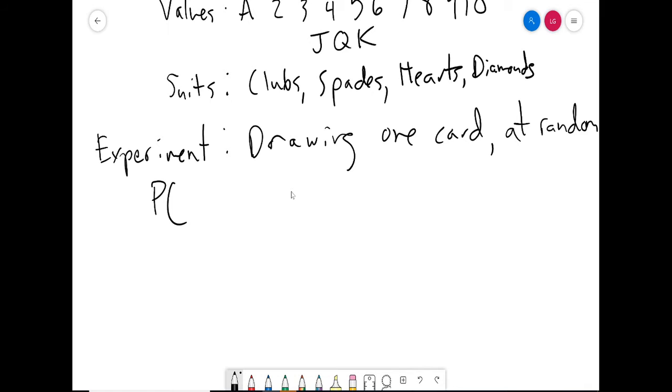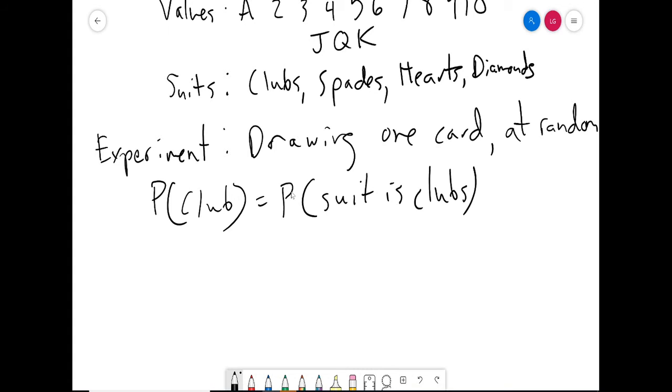So the probability that you get, say, a club, meaning that tends to be shorthand for the probability that the suit is club. Well, it's 1/4. Each of the suits, clubs, spades, hearts, and diamonds, has each of the values, ace through king, 13 values, and no extra, so they're all equivalently likely.